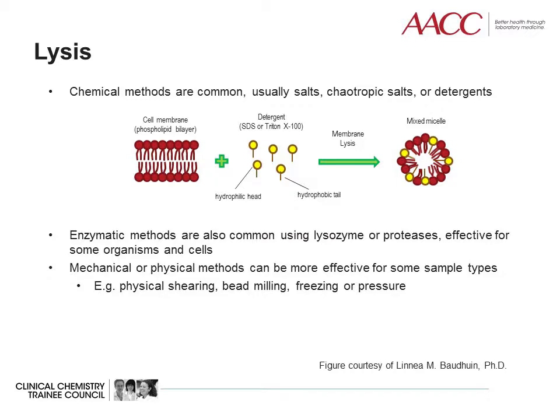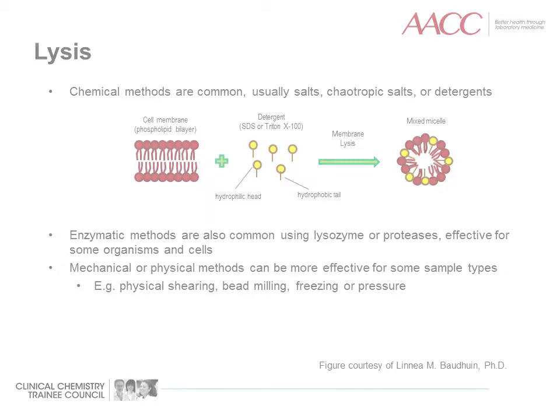In the picture shown here, you can see that detergent, with its hydrophilic head and hydrophobic tail properties, can penetrate the cell membrane phospholipid bilayer, resulting in mixed micelles of fragmented cell membrane and detergent. Enzymatic methods using lysozyme or proteases are also an effective way to lyse cells. Some sample types may require mechanical or physical methods in order to be lysed.